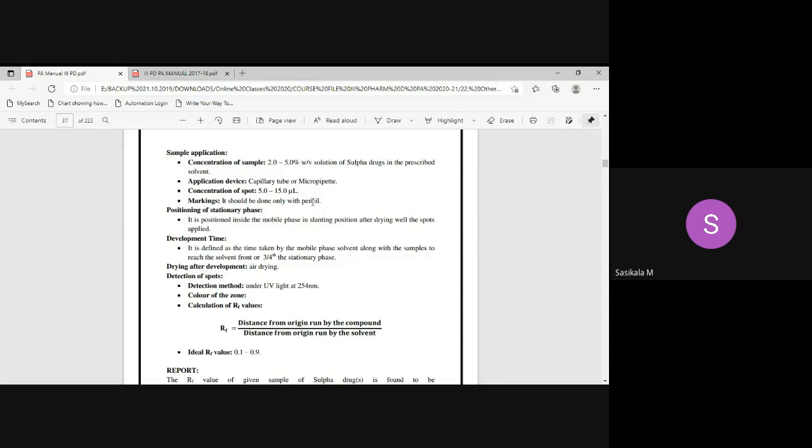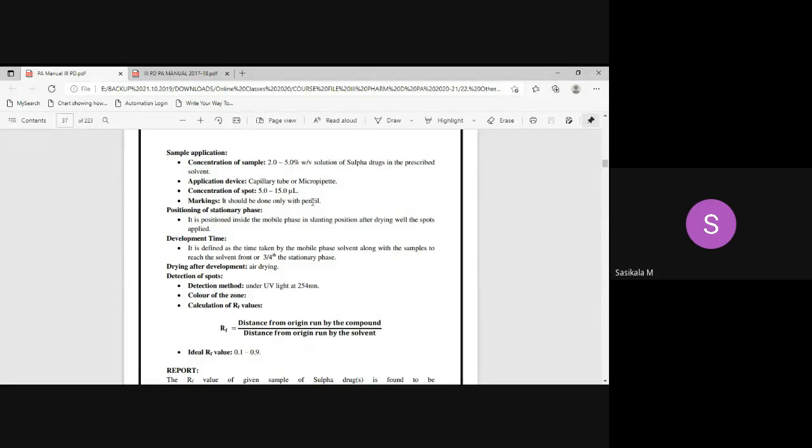On the back side with a glass marker, you can leave 0.5 centimeter at the bottom of the slide and mark the baseline, like how you marked for paper chromatography with a pencil. You leave 0.5 to 1 centimeter and mark the baseline, right?